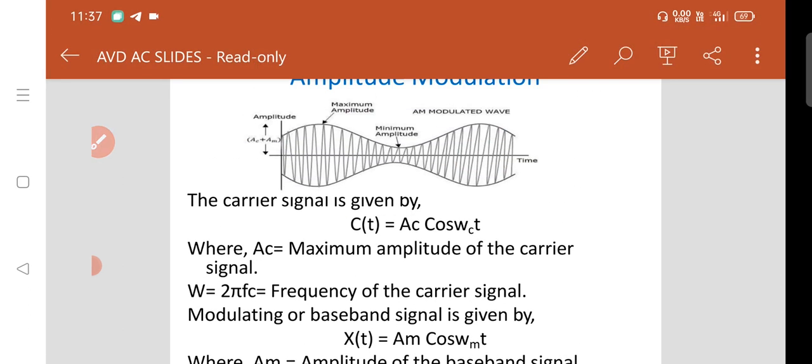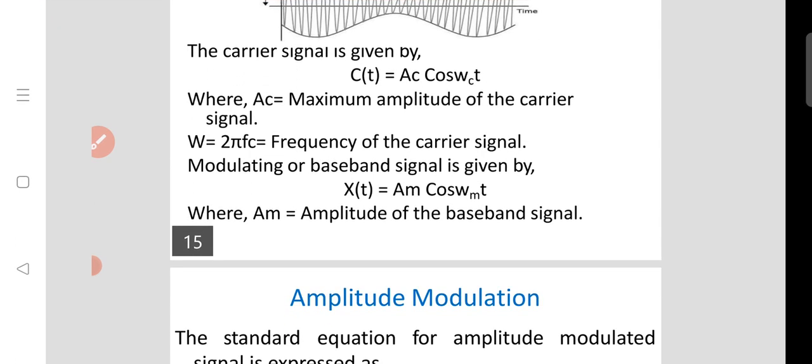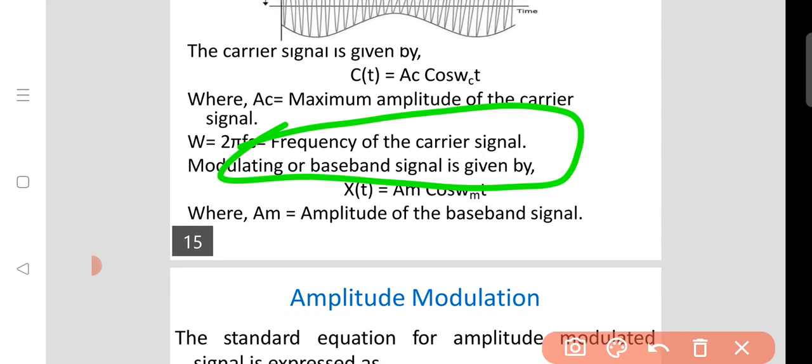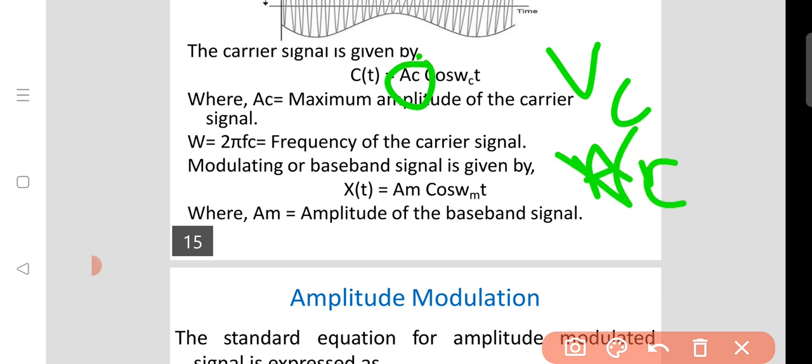First of all, different notations are used in different textbooks, so don't get confused; you can follow any notation for this derivation. Some textbooks and materials indicate AC as VC and AM as VM.